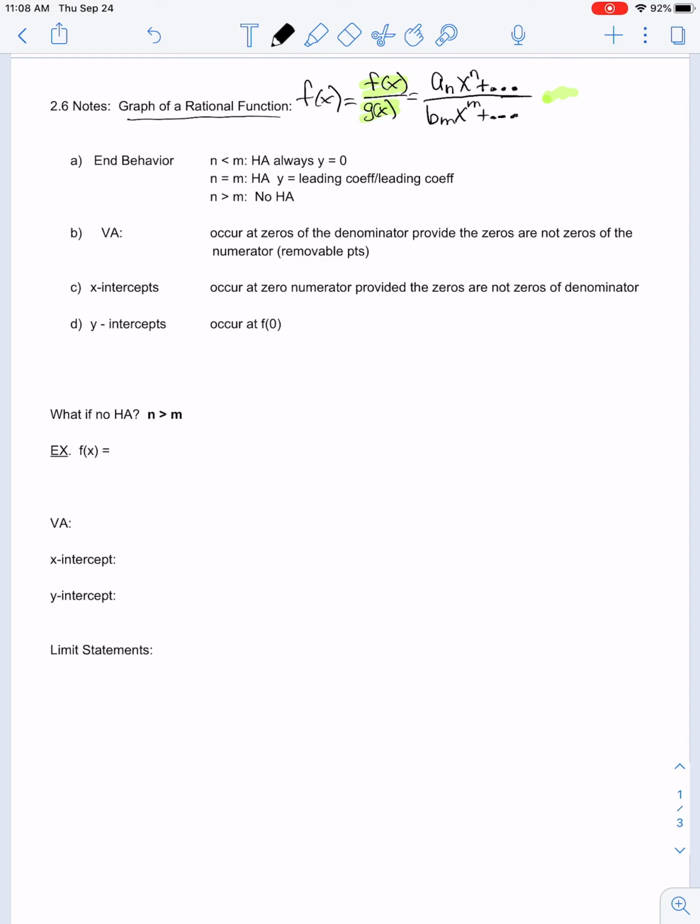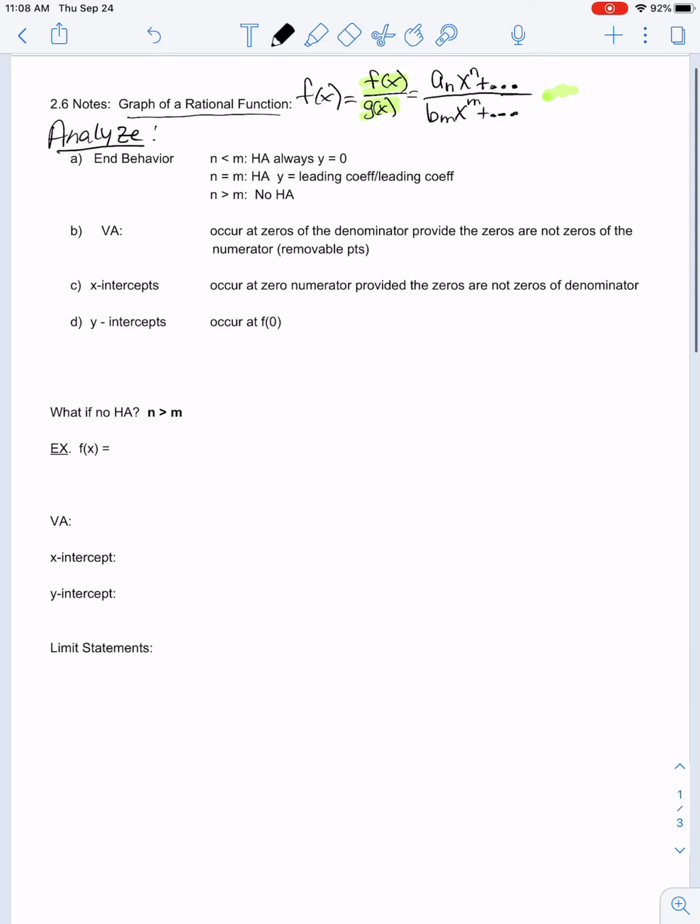Okay, so then some things we have to consider when we analyze our functions. Okay, we want to know about end behavior, and I put in here our rules about HAs. Okay, so what's happening at the end of those functions? If the degree on top is smaller than the degree on the bottom, you know that y is going to be 0 for your HA.